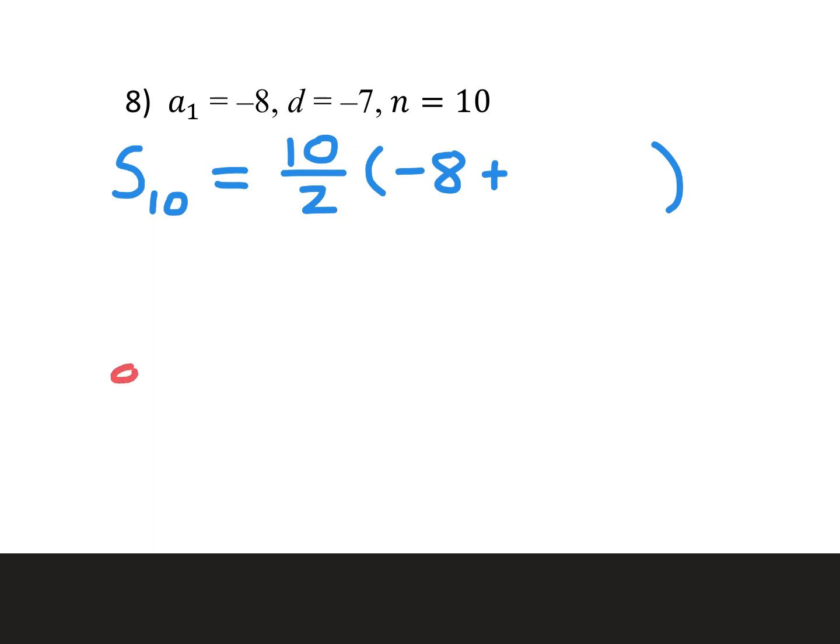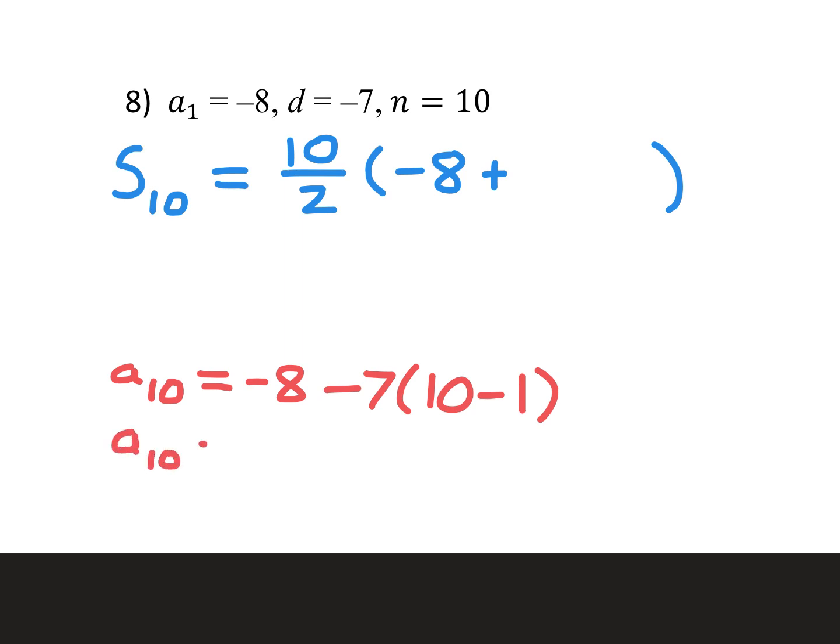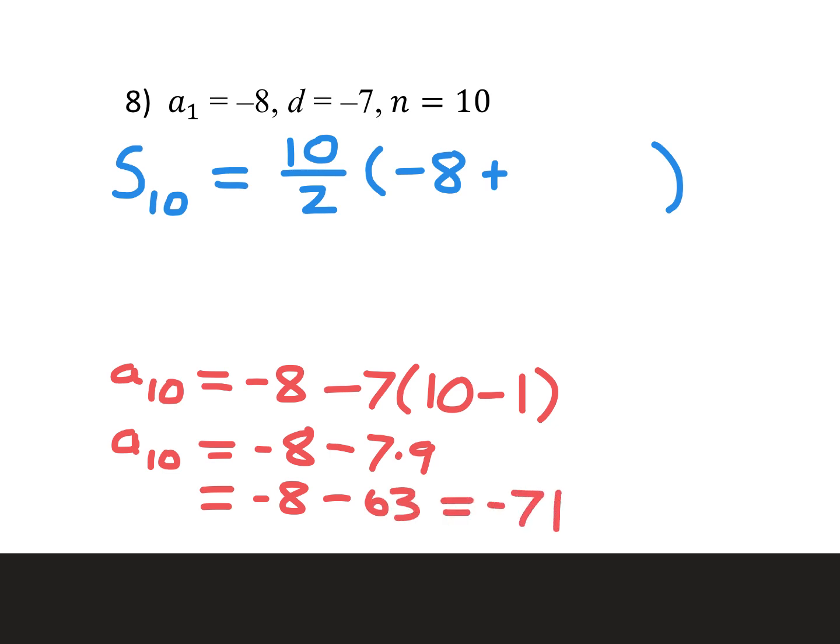All right, so let's plug into the other formula. We want to know what AN is. So we're finding A10, which is negative 8 plus, actually, minus 7 times n minus 1, or 10 minus 1. All right, so A10 equals negative 8 minus 7 times 9, negative 8 minus 63, which is negative 71.